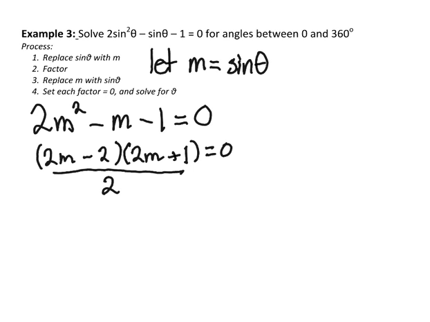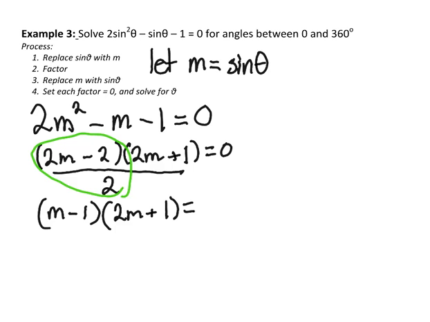Then you want to pick one of those factors to divide by the 2. It makes sense to do the first one. So we'll do that. 2m minus 2 over 2 is going to make m minus 1. And then here we've got 2m plus 1, all equals 0. Okay, then we remember, m was just a placeholder so that I could factor this thing.